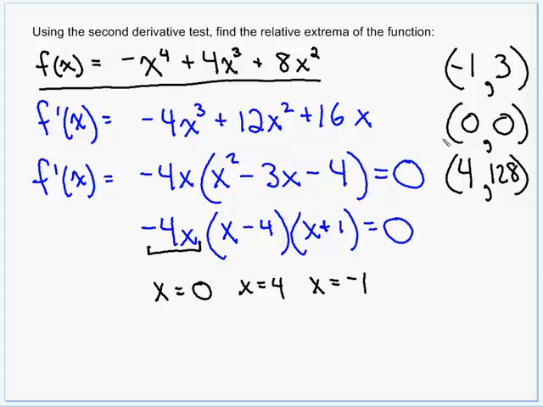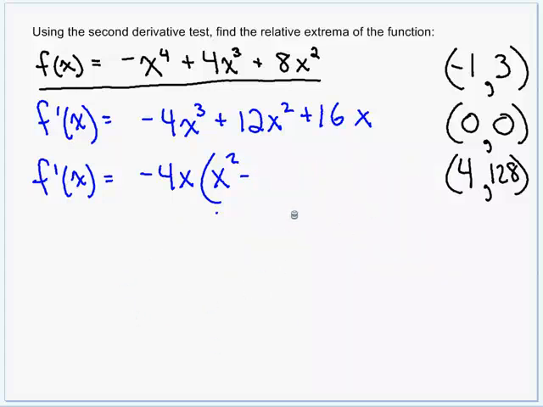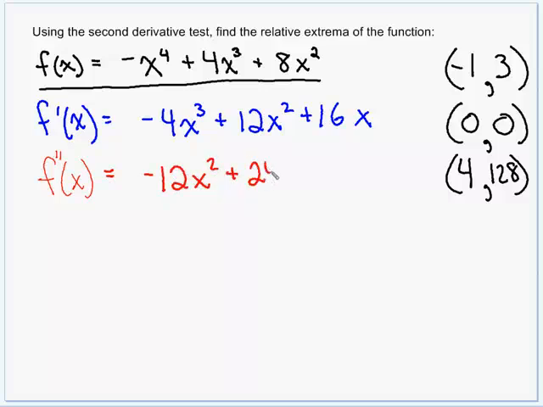So we have our critical numbers. Now we're going to plug these x values, these critical numbers, into our second derivative. So let's find that second derivative. So our second derivative, f double prime of x, is equal to minus 12x squared plus 24x plus 16.